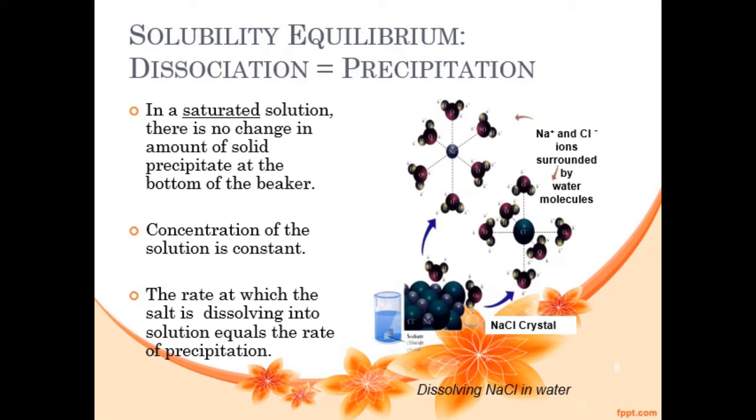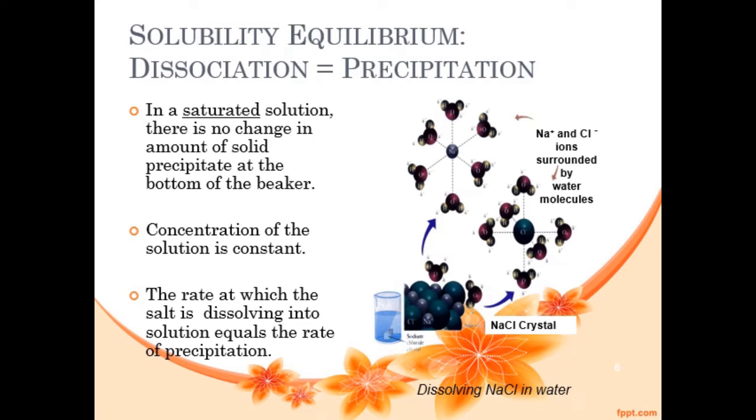No longer dissolving means you notice solid at the bottom of the beaker, even if you add until 10 gram, it can no longer dissolve, so it has reached a saturated solution. No change in the amount of solid.